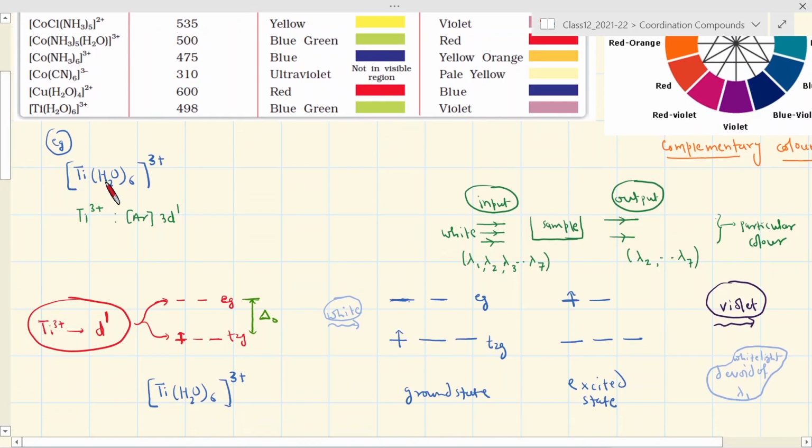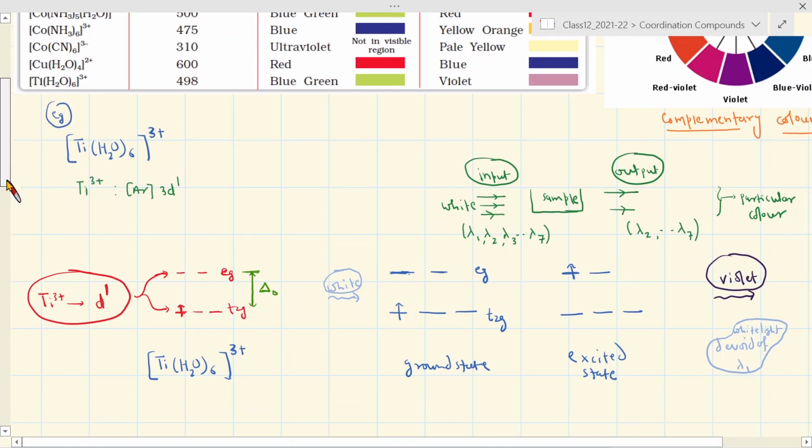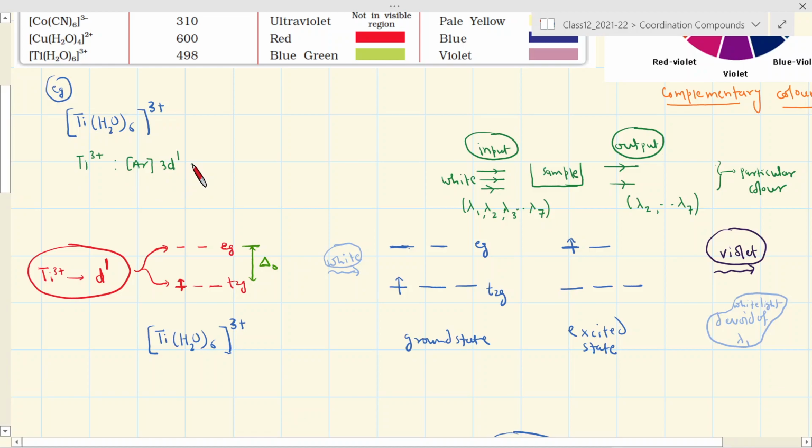But when we consider the same titanium 3+ in this complex compound, we already know that the electronic configuration shall be written as t2g1 eg0. This is according to crystal field theory, for the octahedral complex.